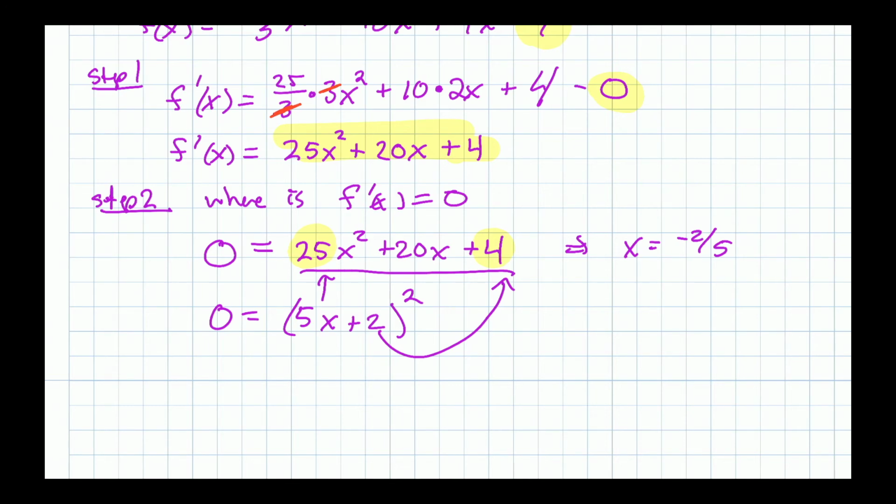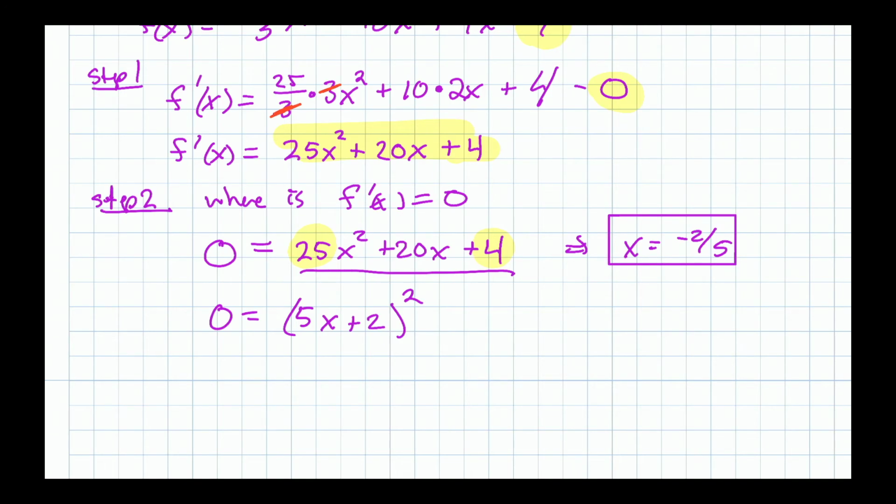And then if you check the middle term, 5x and 2 is 10x, so it's going to be 10x and 10x, which is 20x. So this is what they call a perfect square trinomial. And so we could have known how that factored, but I just used a computer on that, and I got this answer here.